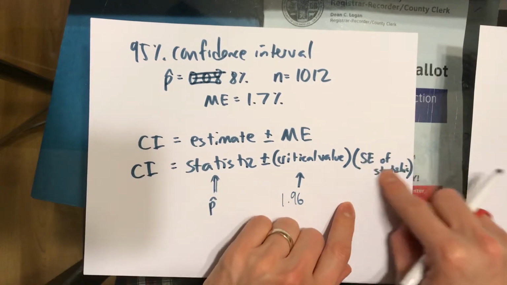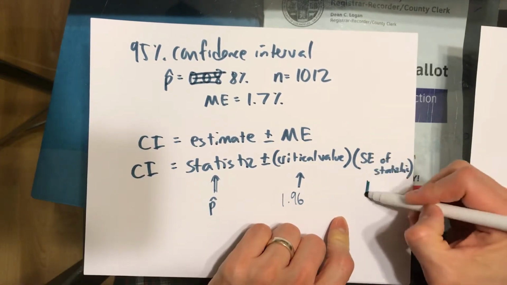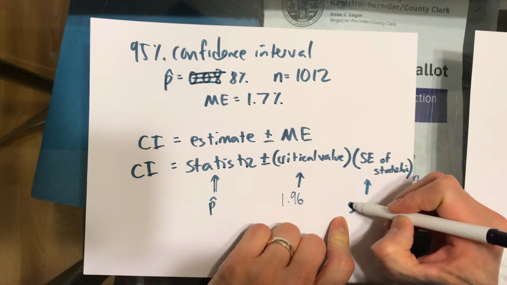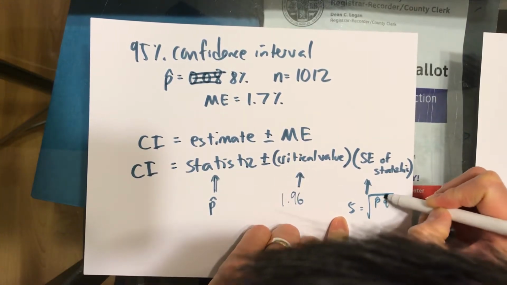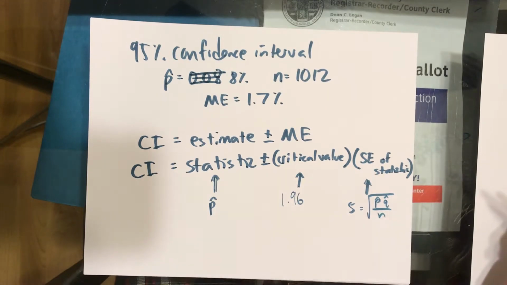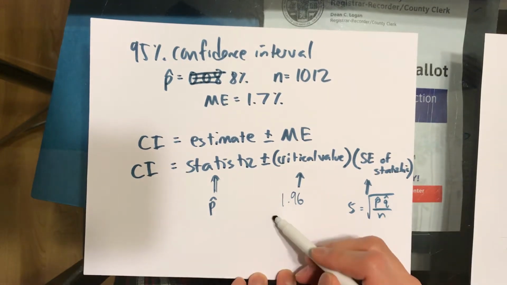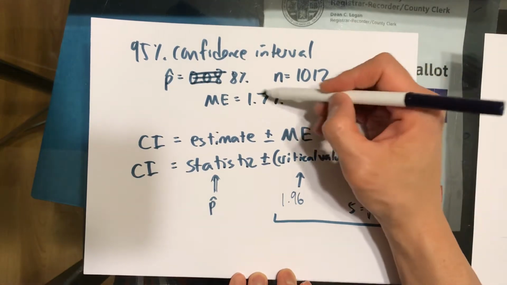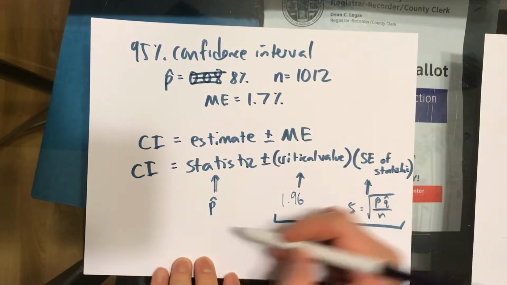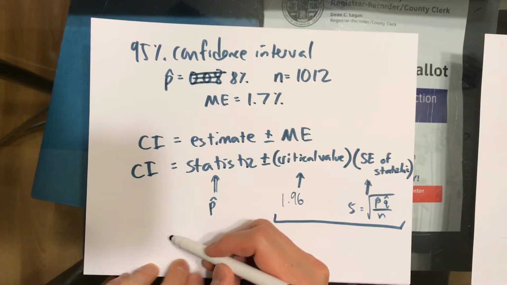And then the standard error was that formula, right? SE equals the square root of p hat q hat over n. But we already calculated all of this, and our margin of error is this answer right here.